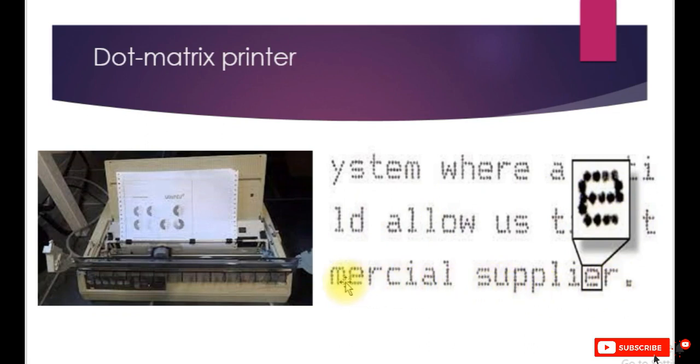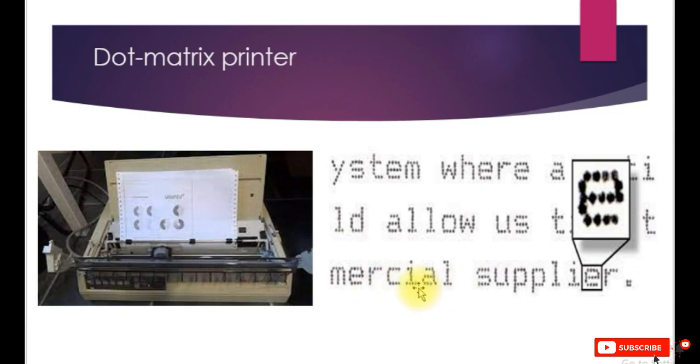And if you look at these images here, you'll realize that the formation of each character is not all that smooth, because each is made up of dots, and the dots are not too closely packed together, and that is why the images are not all that perfect.